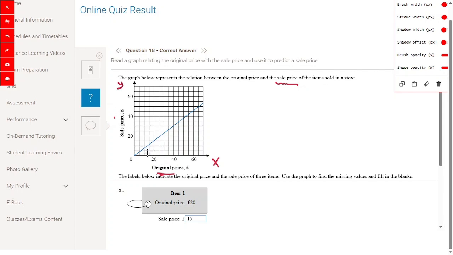Now here the labels below indicate the original price and the sale price of three items. Use the graph to find the missing values and fill in the blanks. Now here, this is the graph. Let's see the scale of this graph. We see here we have 0, 20, 40, 60 for x, and 0, 20, 40, 60 for y.